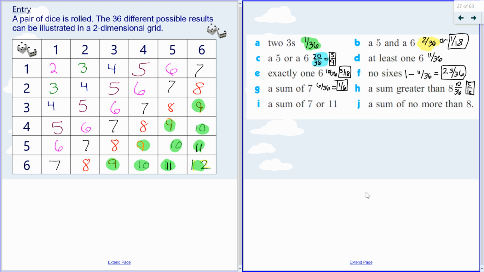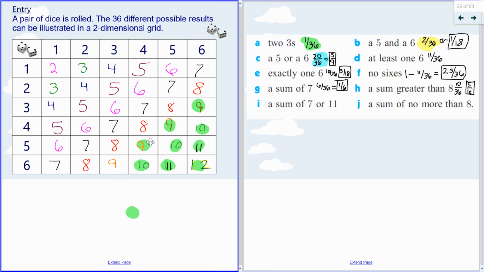There we go. Sum of 7 or 11. So we know we had 6 sevens and we have 2 elevens.